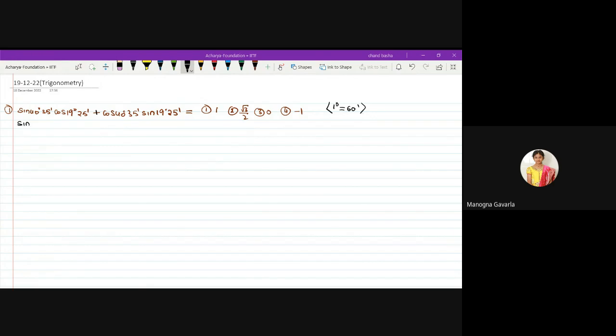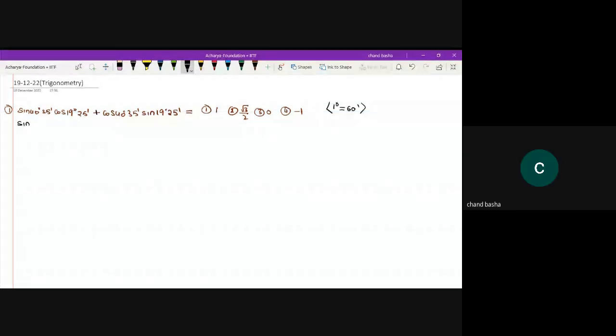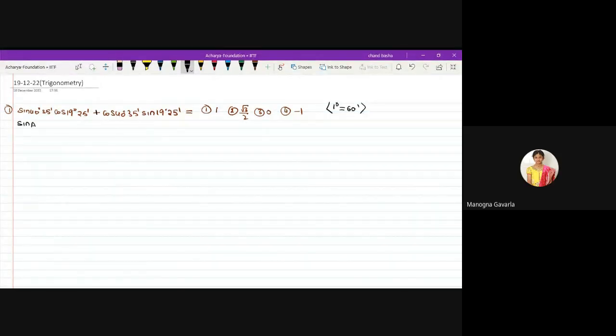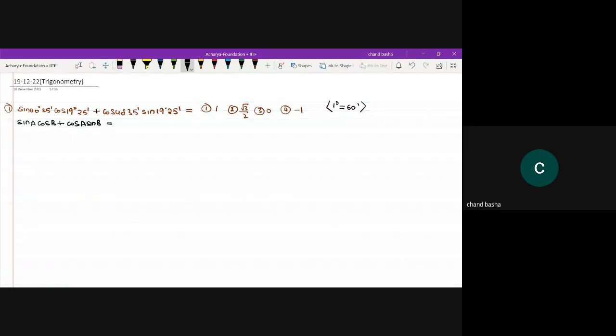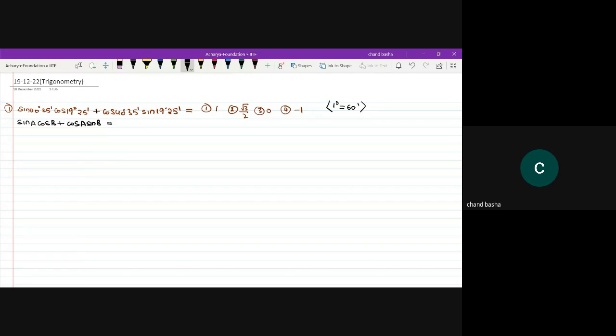Sir, sine A cos B plus cos A sine B. Very good. Yeah, this is the formula. As I said before starting this class, I have shown the 6 formulas which I have given in the previous first class.